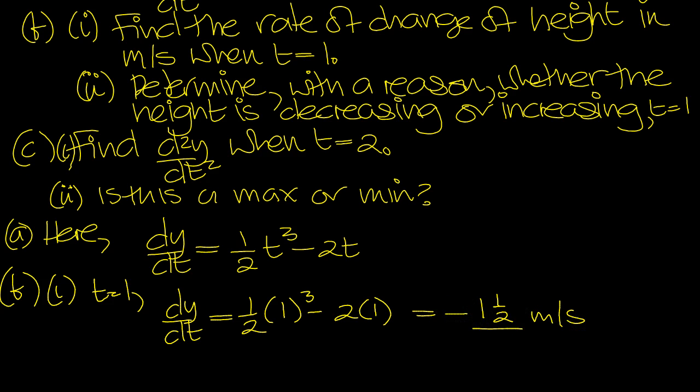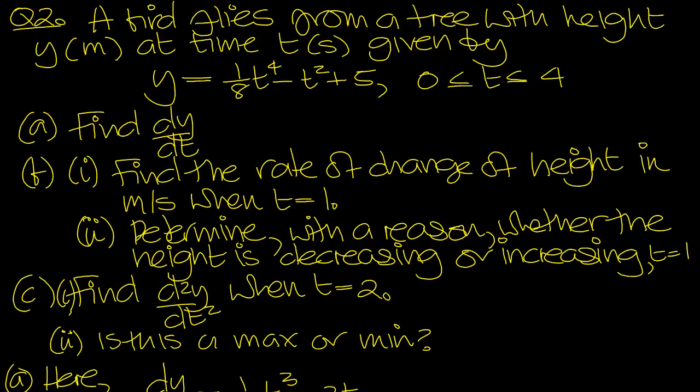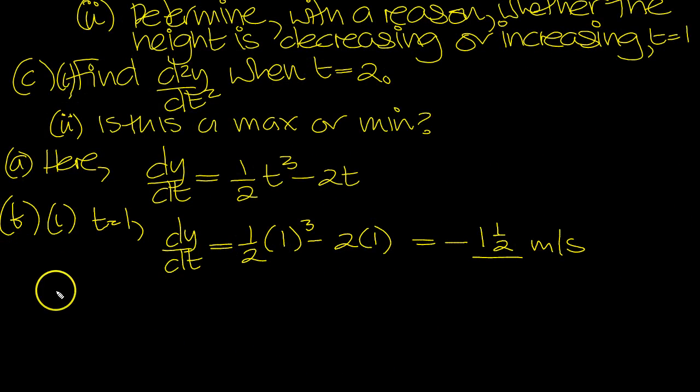So the height is y, and that's a negative velocity, so it's moving down, isn't it? When t equals 1. Determine with a reason whether the height is decreasing or increasing. Okay, part 2.